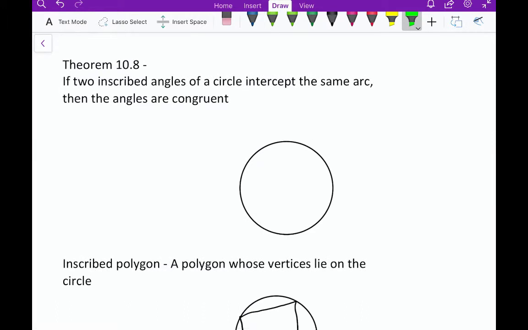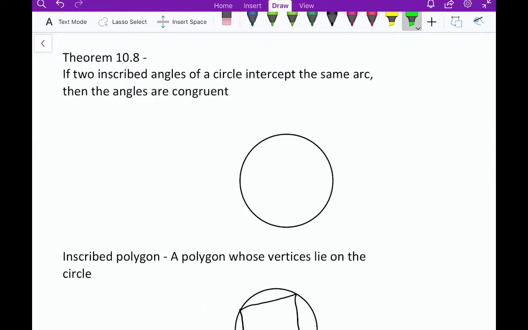The next theorem says if two inscribed angles of a circle intercept the same arc, then the angles are congruent. So if I have this angle here that creates that arc, and I have this angle here, notice that they intersect in the same point. They should. My drawing's a little bit off.